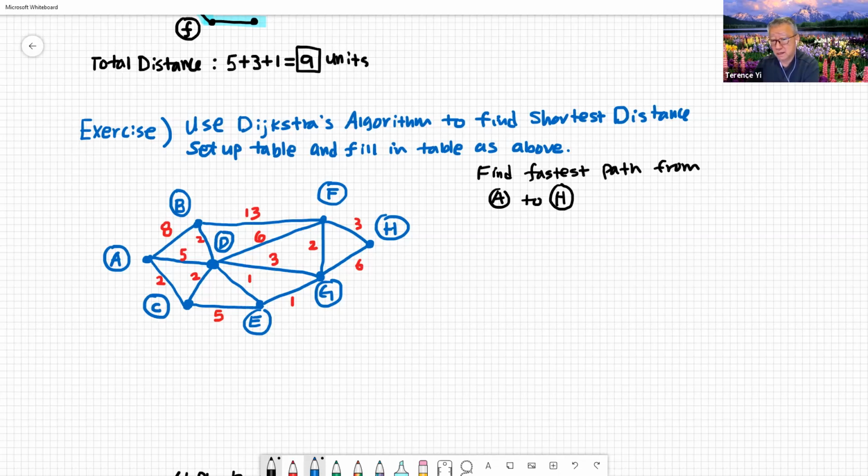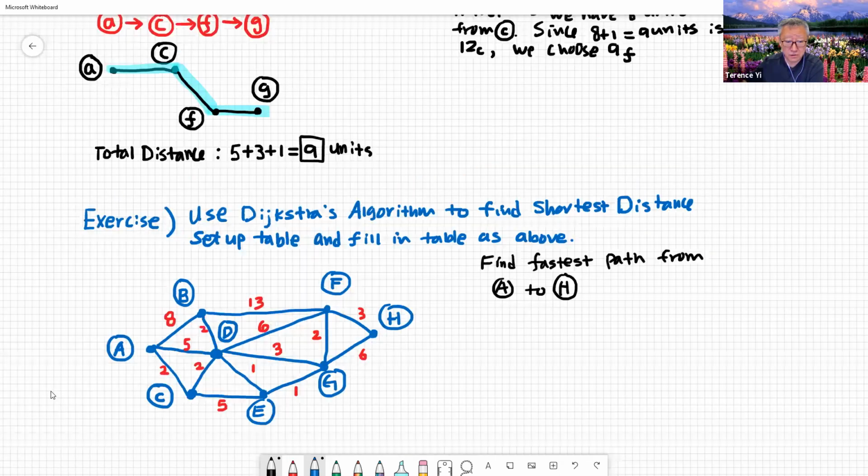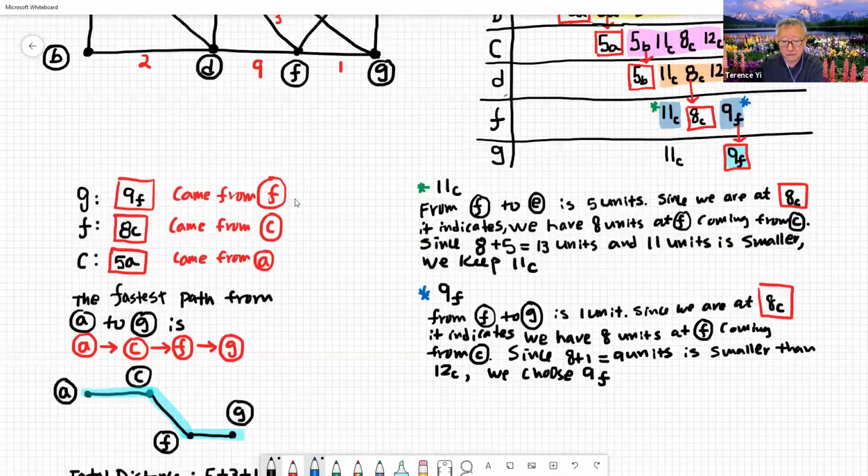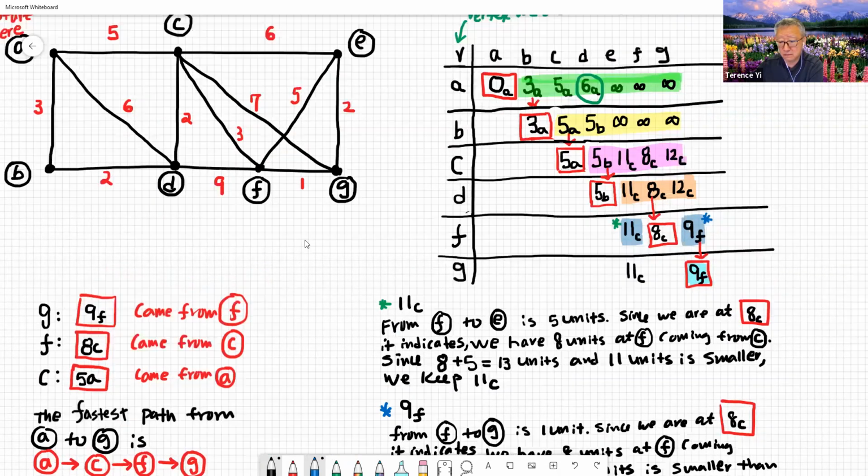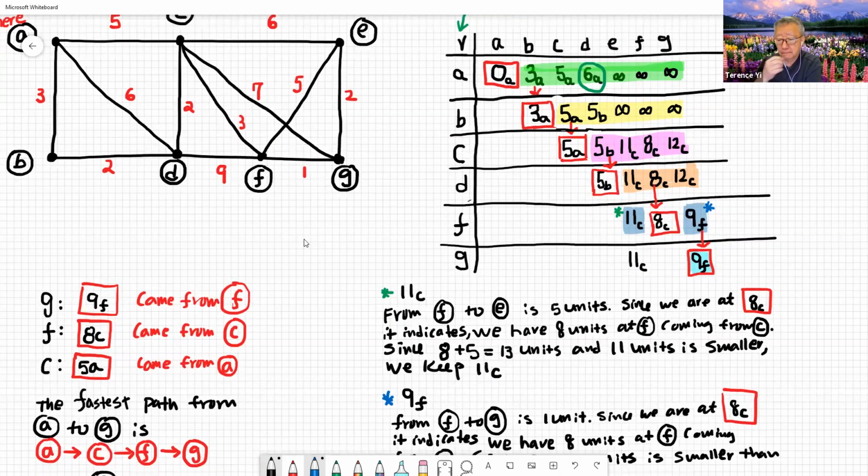So I'd like to see you guys set up a table like I have. Okay, then go through each path. Okay, and if you can color them, that would be great, so that you can see what goes where.